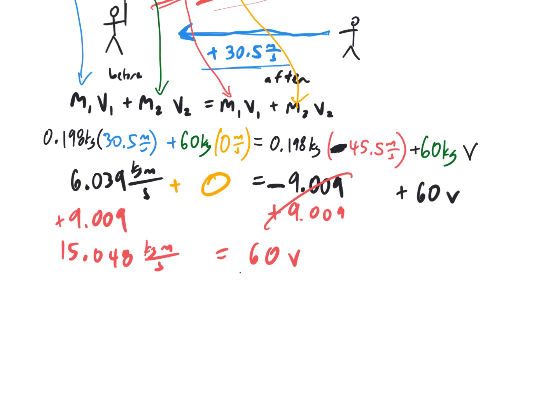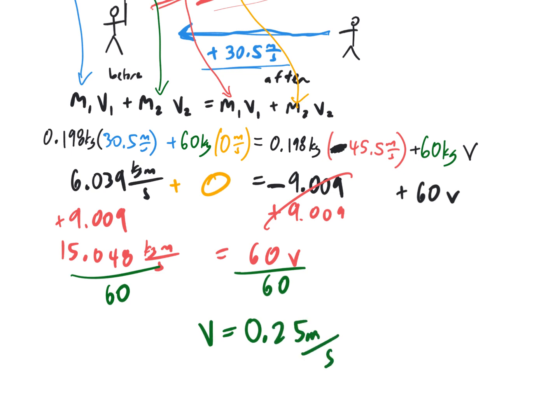Then I can solve by dividing by 60. I get v equals 15 divided by 60, 0.25 meters per second. Because this was 60 kilograms, the kilograms and the kilograms are going to cancel, and that leaves me with a unit of meters per second.